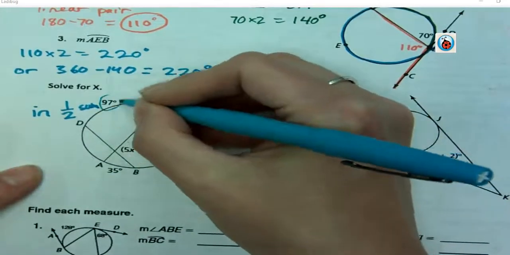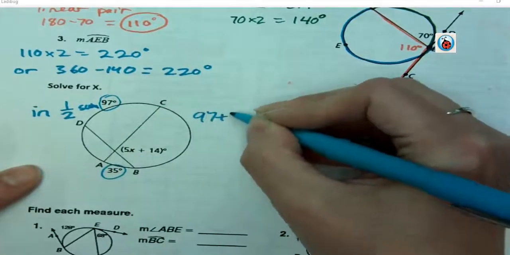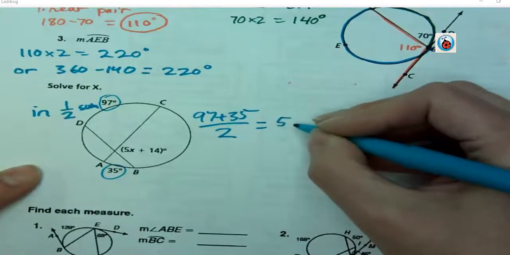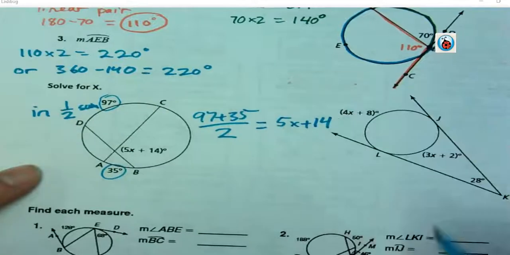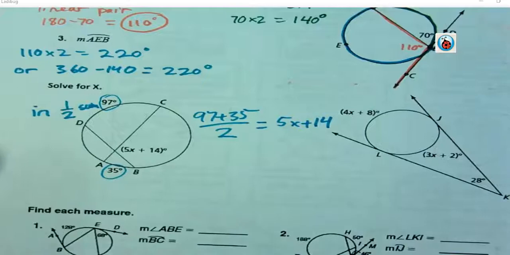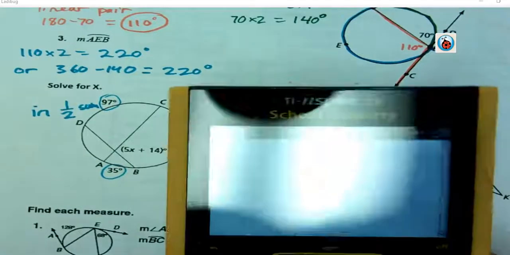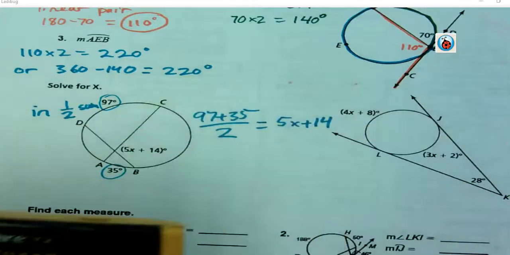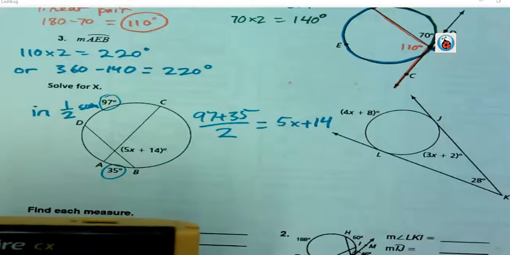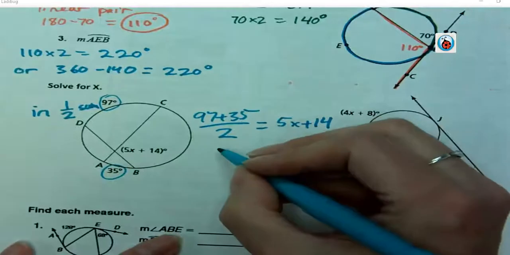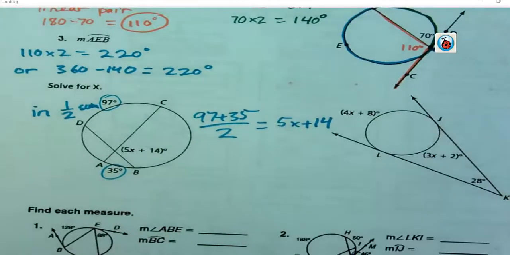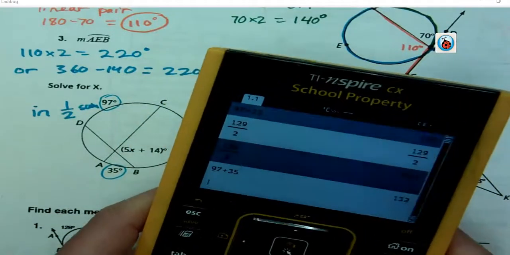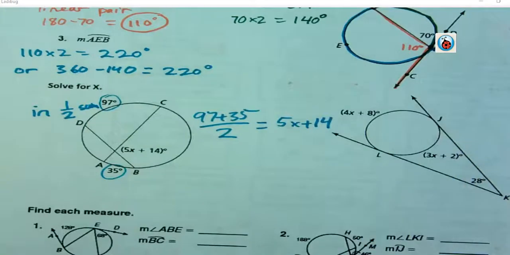So I take my 97 and 35, divide by 2, equals 5x plus 14. So 97 plus 35 divided by 2 gives me 66.